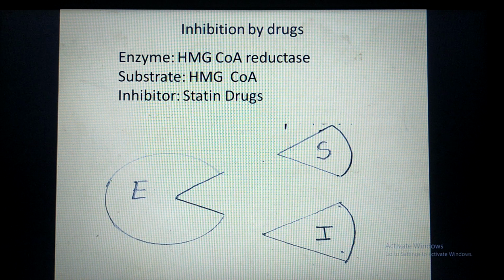They inhibit the enzyme HMG-CoA reductase, but by competitive inhibition. Here there is a competition between substrate and inhibitor to bind at the active site of the enzyme HMG-CoA reductase. As we are giving the drugs in large quantity, the concentration of inhibitor drugs is more, so they will succeed to bind at the active site and block the enzyme by competitive inhibition.